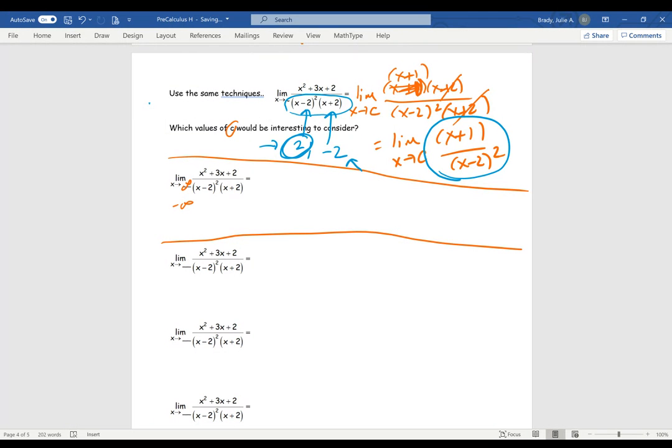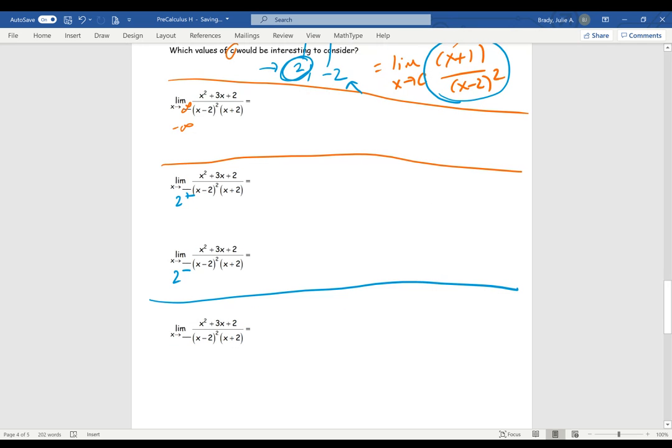So I'm going to check this one for both directions. So 2 from the plus, 2 from the left. How come? Because it makes the original function undefined and the reduced function undefined. And then this one at negative 2, I don't have that problem.